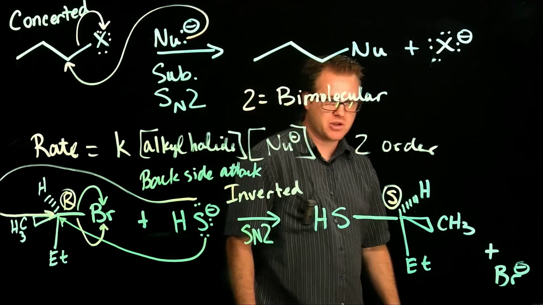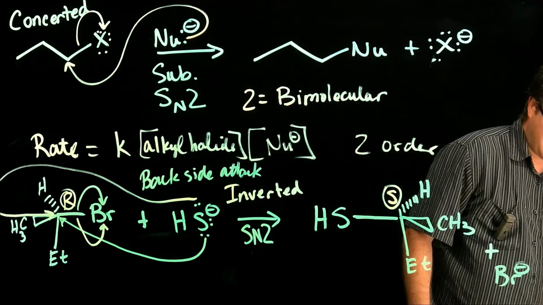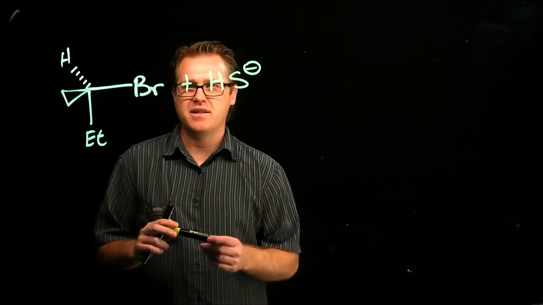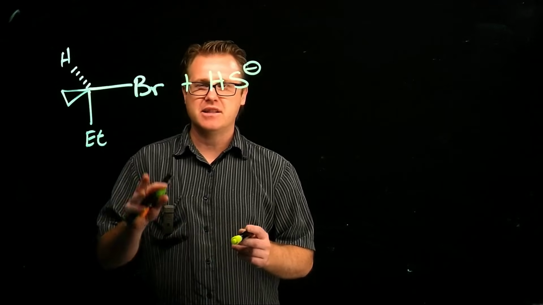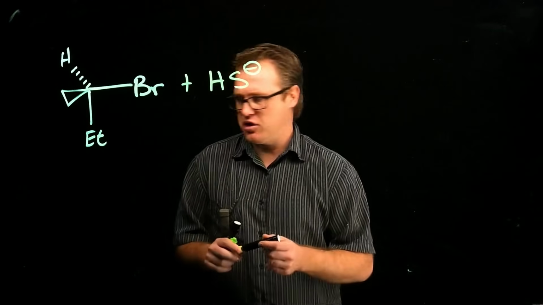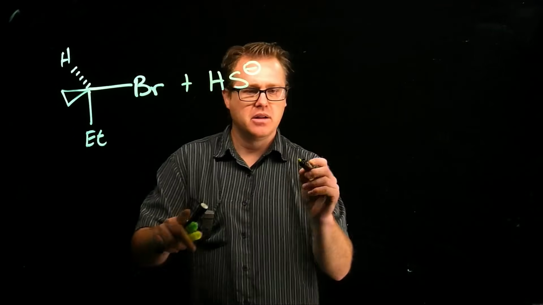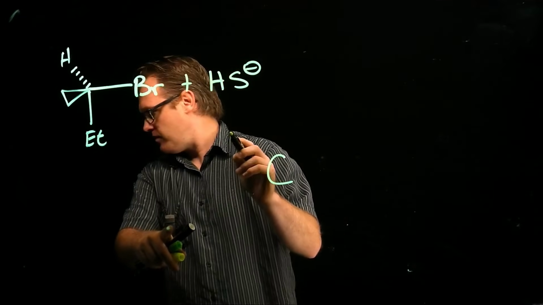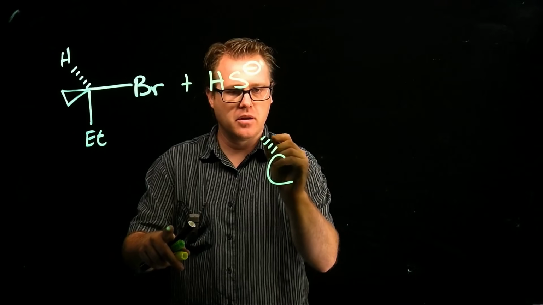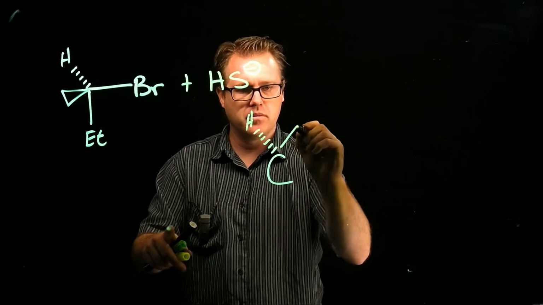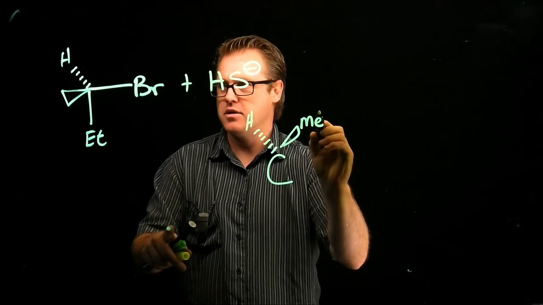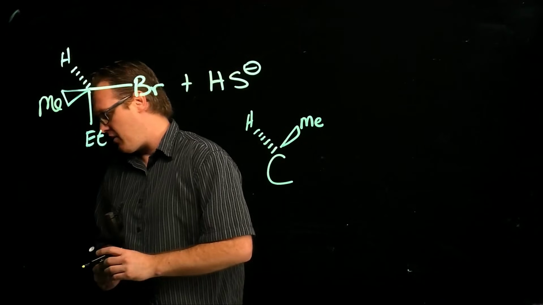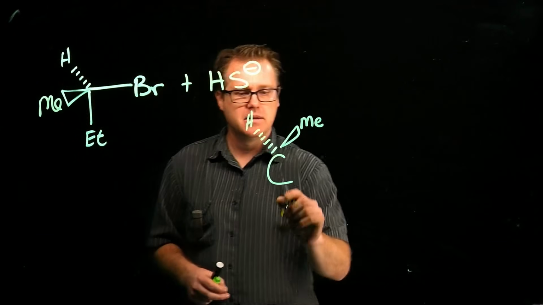We need to clean this board so we can answer that. So if we take and look at front side attack first, let's look at it in the transition state. So the transition state would look something like this. There's our methyl group, which I'll put right there. Me can stand for our methyl. Okay.